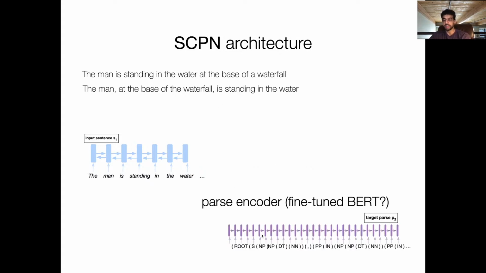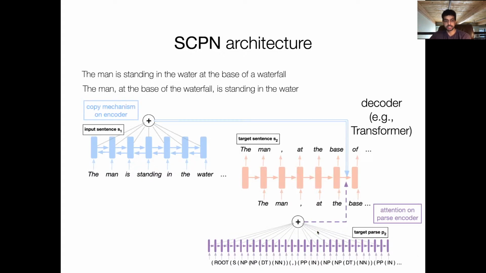We also want some way of encoding that parse form. In our work, we used a recurrent model, but you could also imagine just fine-tuning BERT on this new vocabulary of syntactic constituents, just something to give you representations of these different parts of the parse. And then you can tie everything together with a decoder.